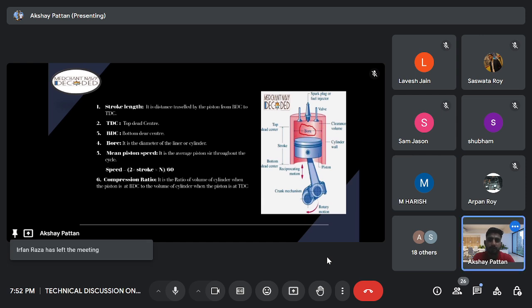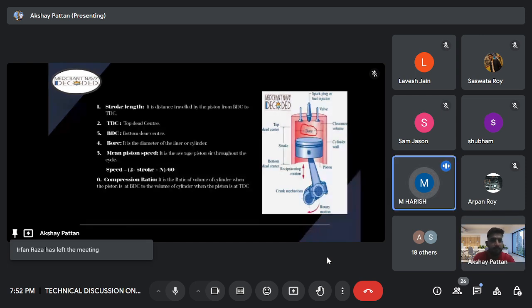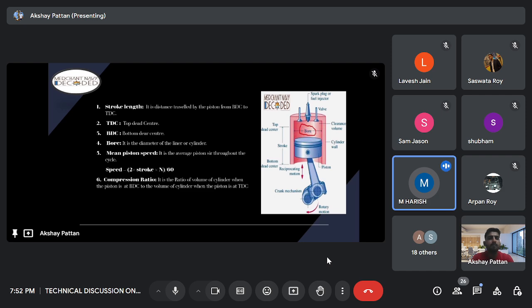Another is single cylinder or multi-cylinder, based on the number of cylinders. And the engine alignment like V shape, W and X, and low speed engine, medium speed engine, high speed engine, and another is reversible and bidirectional engine.